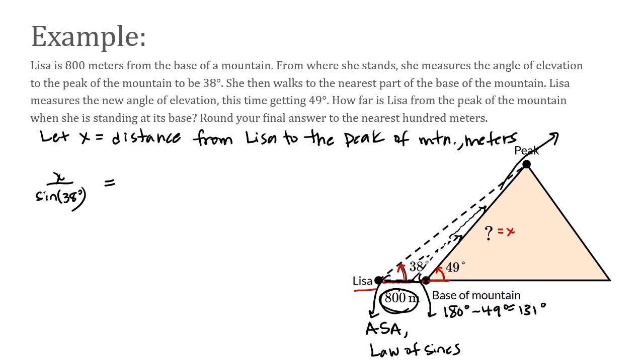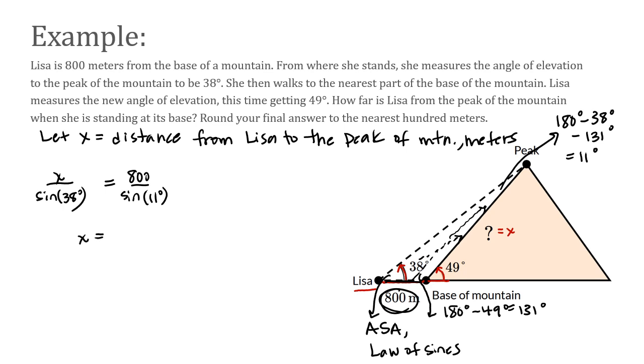So this angle at the top would be 180 degrees minus the 38 degrees that was given, minus the 131 degrees that we found, and I believe that that's 11 degrees. It's very small, but it is the angle that's across from that 800 meters. So that is my anchor, and I can say that this is equal to 800 over the sine of that 11-degree angle.